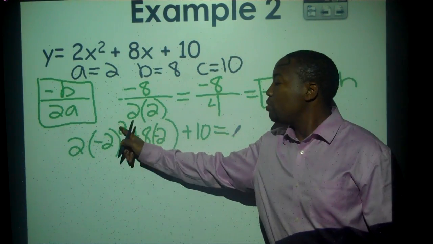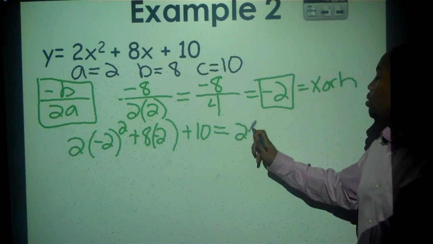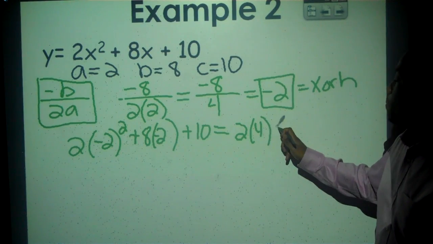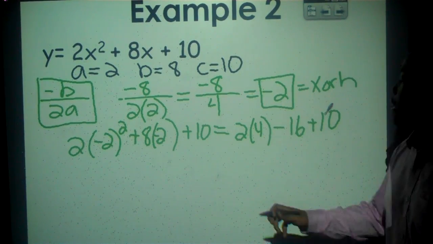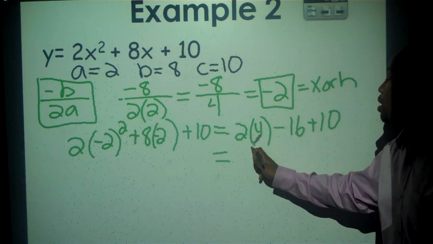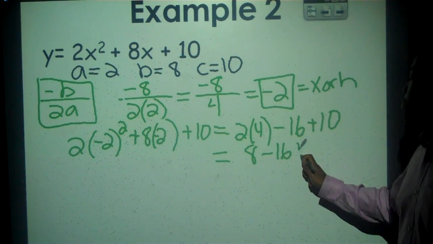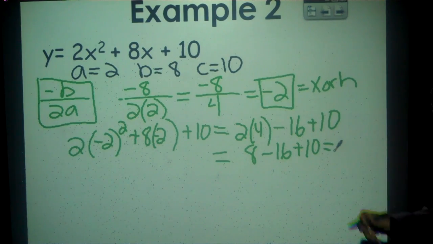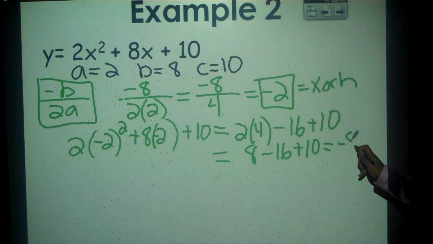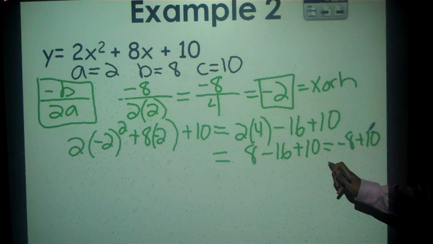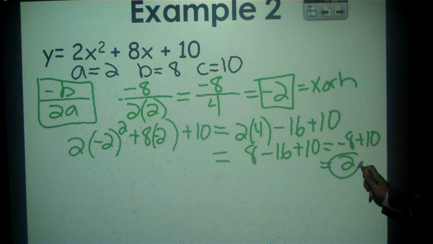So negative 2 squared would be 4. So 2 times 4 minus 16 plus 10. Now what do we have here? We have 8 minus 16 plus 10. When we add those up, 8 minus 16 will be negative 8, plus 10, and so I'm back down to just 2.